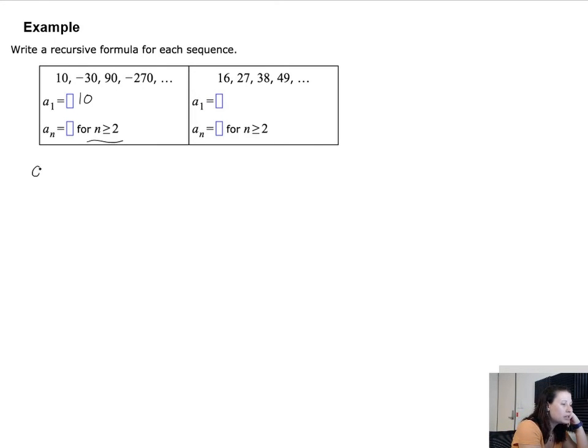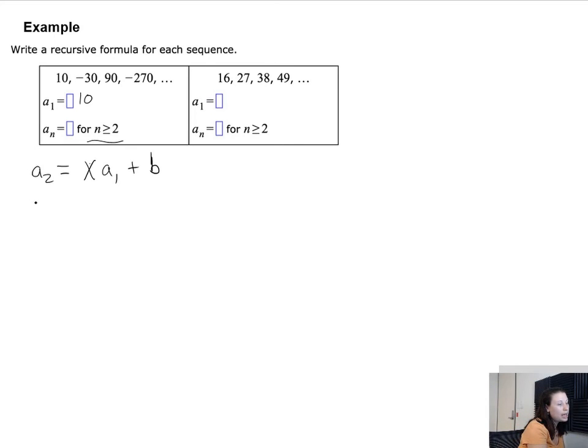So that means we can say A2 is equal to something with A1, right? Maybe some number times it. So let's say x times A1 plus b. I'm just using random letters, right?